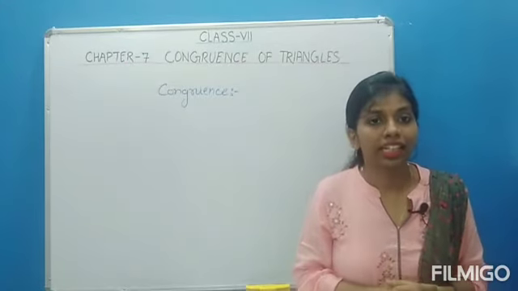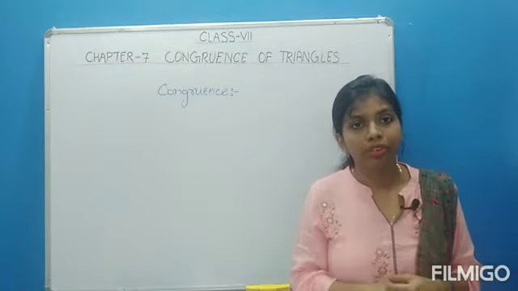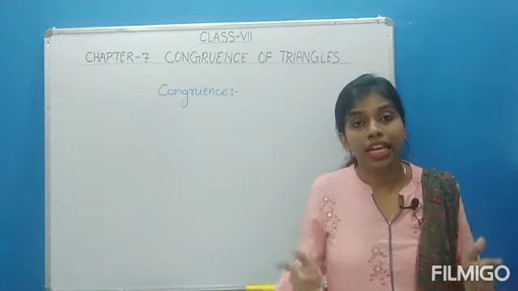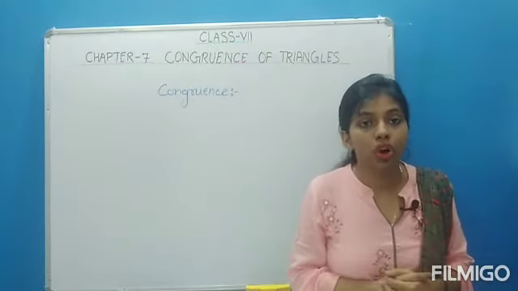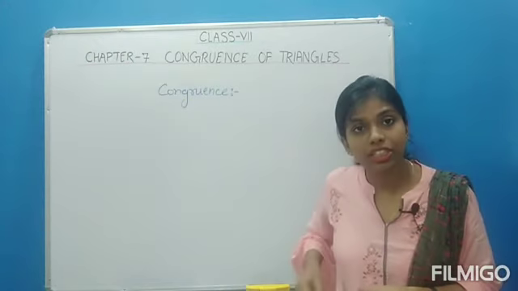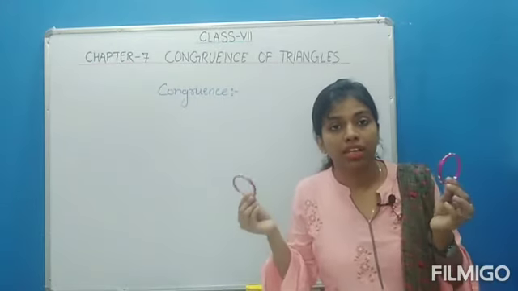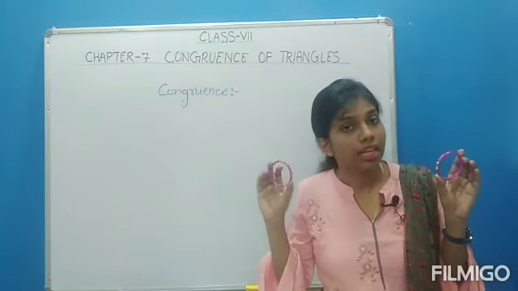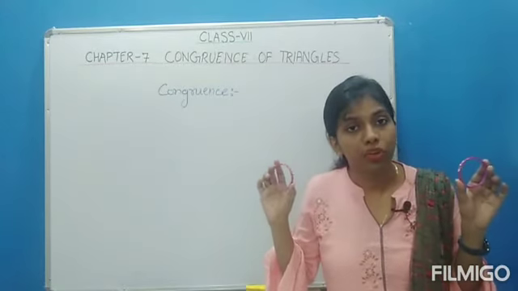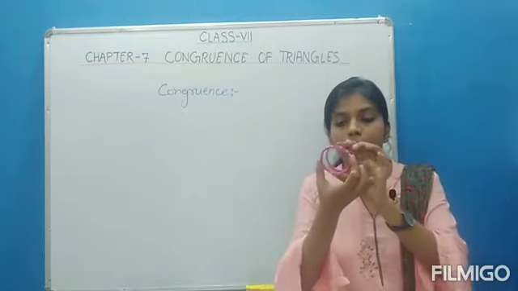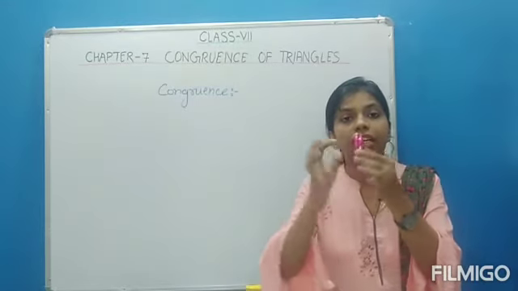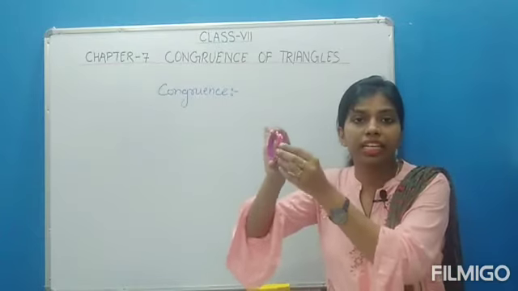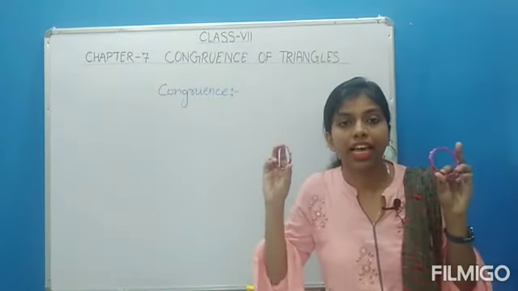We can take any two figures. Whatever the figure, if they have the same shape and same size, they are called congruent. Like if I take these two bangles, these two have the same shape, both are circles. Now let's check whether they have the same size also. If I put one on another, they have the same radius, and the thickness, everything is exactly like each other.